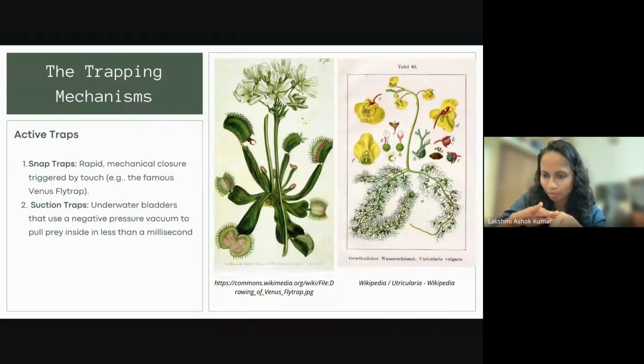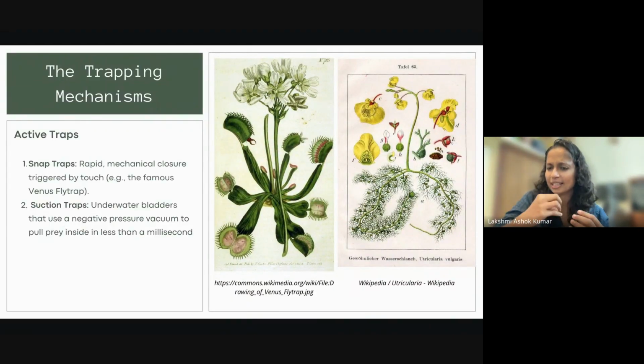Once the door is open, the vacuum sac will suck in water. So when water is sucked in, it sucks in the tiny insect along with it. So the insect gets trapped inside the bladder. It will squeeze out the rest of the water which was sucked in, and then it starts digesting.